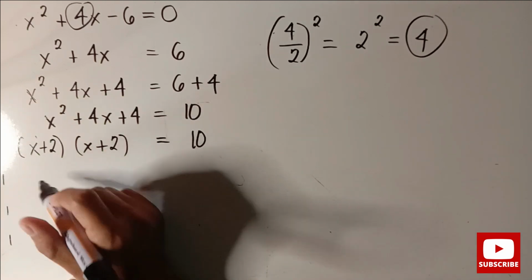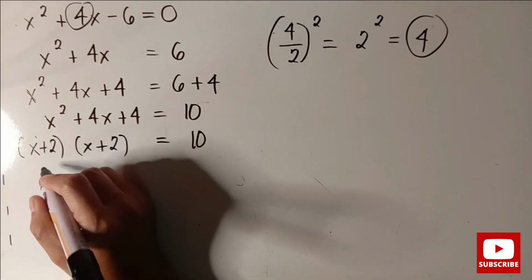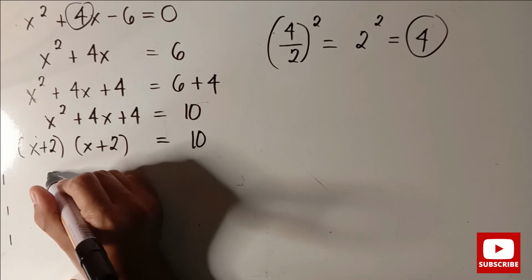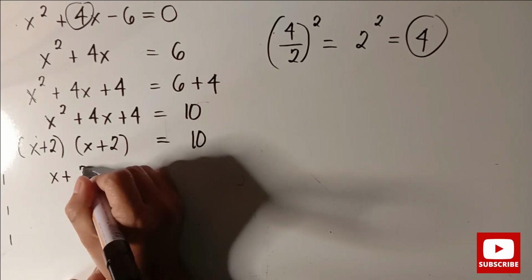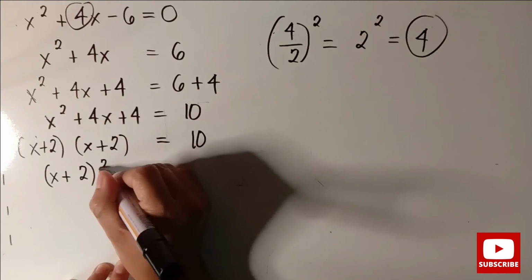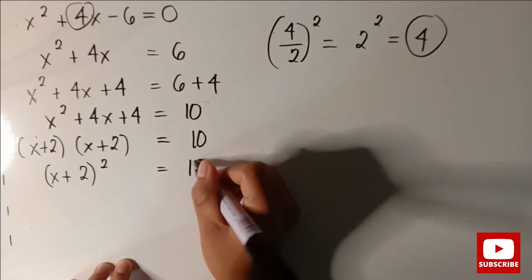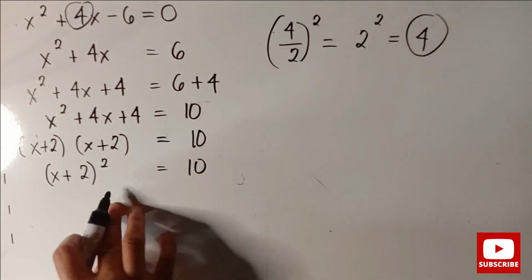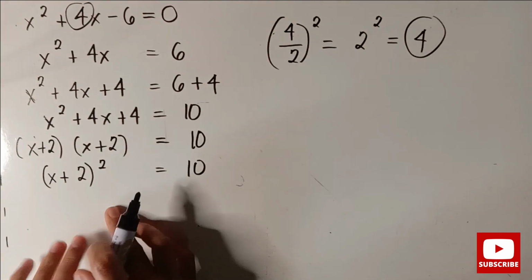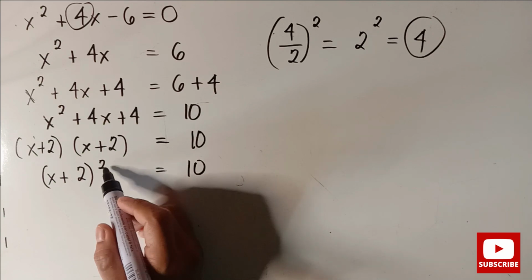Next is you will write the square of x plus 2 equals 10. Since they are identical, we will just express this in exponential form.